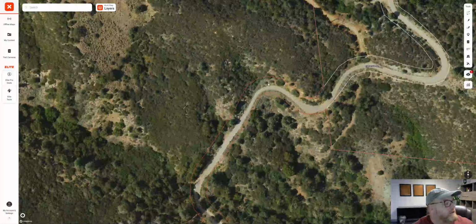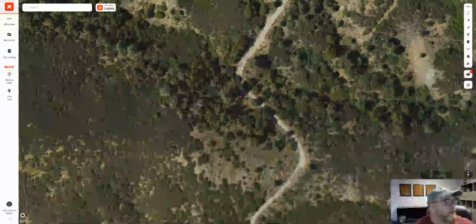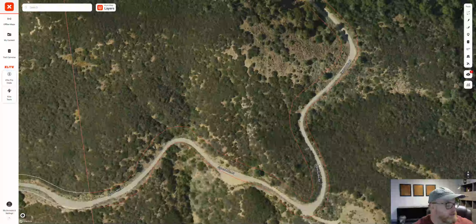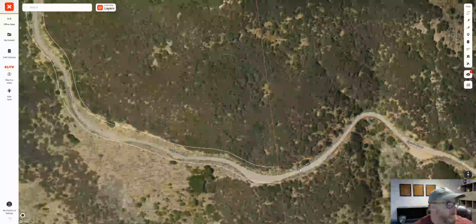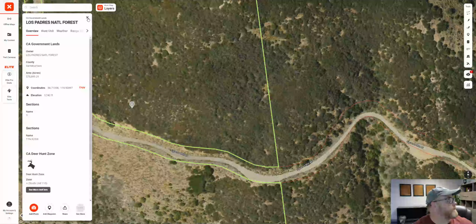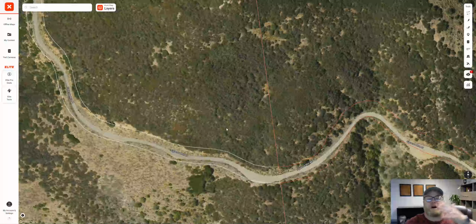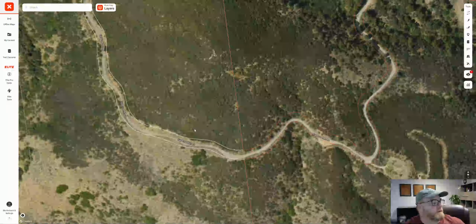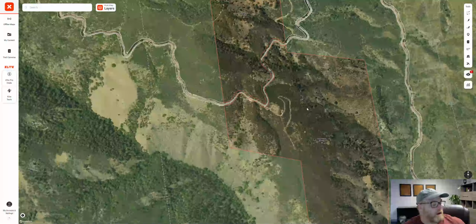So anything, even on the public road here, you can't hunt or shoot because it's on his property. And then you leave it at a certain point, and you're back onto the national forest. So all you're trying to do is honor his private property rights and not infringe on his rights.